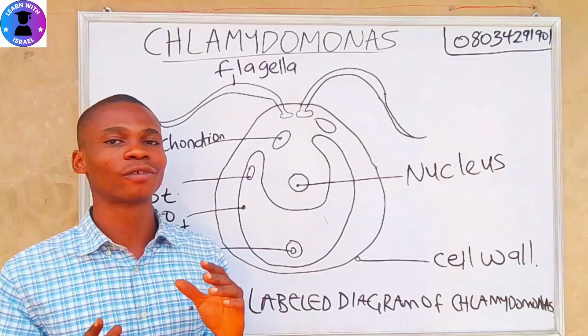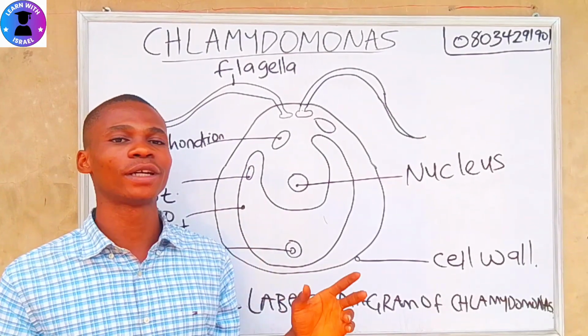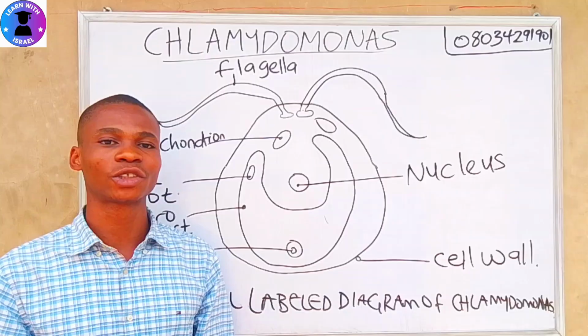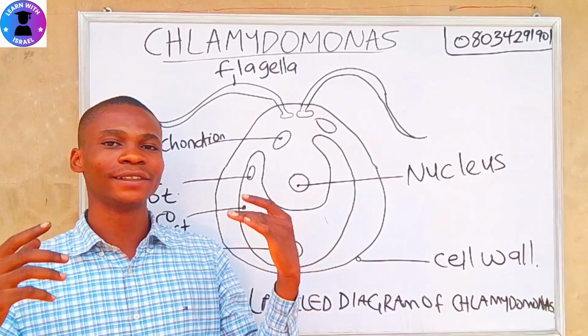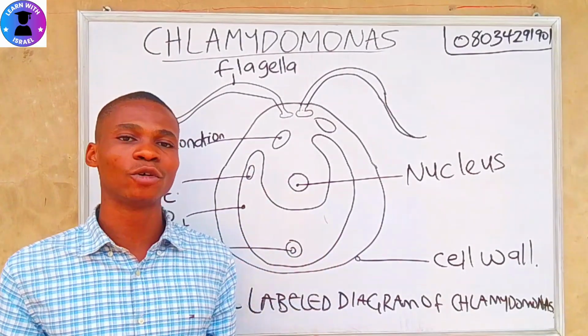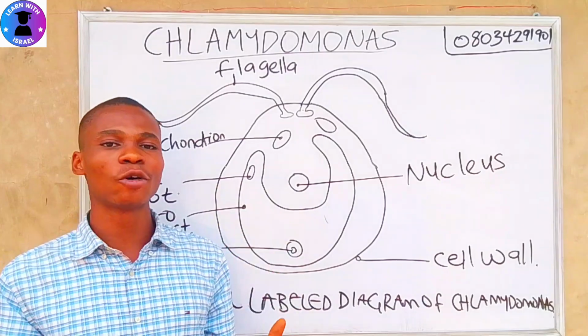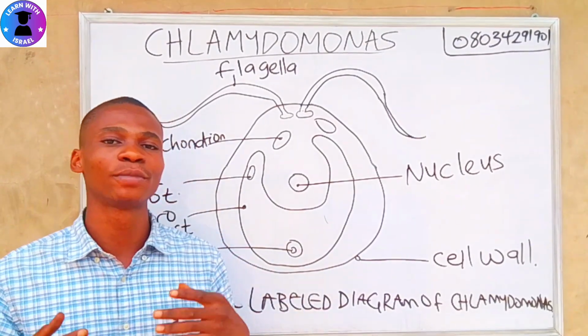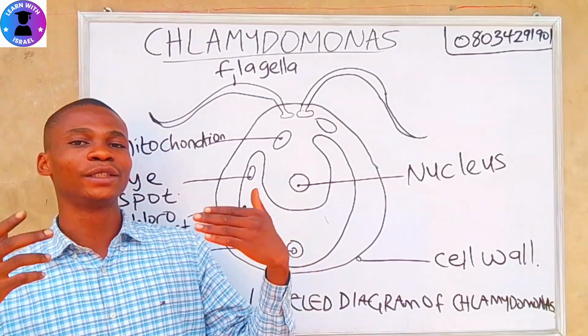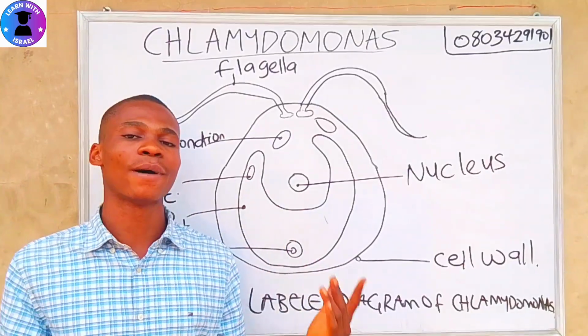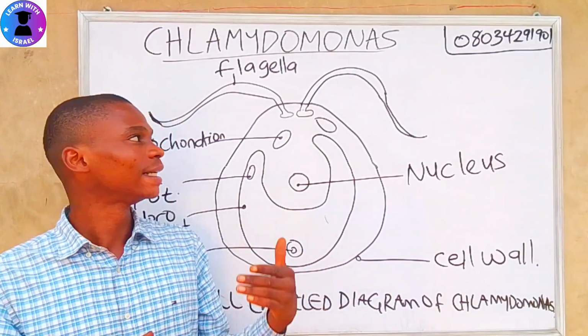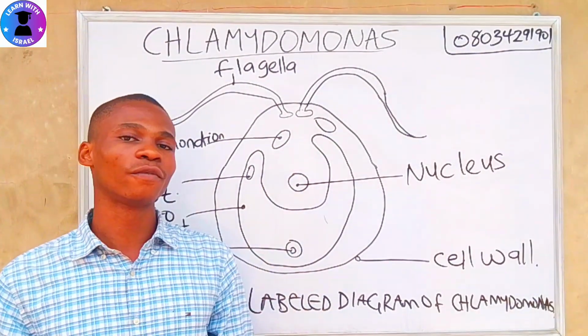So now let's move to practice questions. But before that, let's summarize what we've discussed so far. We started from the introduction of Chlamydomonas, where I mentioned that Chlamydomonas is a unicellular microscopic organism which can be viewed with the use of a microscope. I also mentioned that Chlamydomonas can be autotrophic.